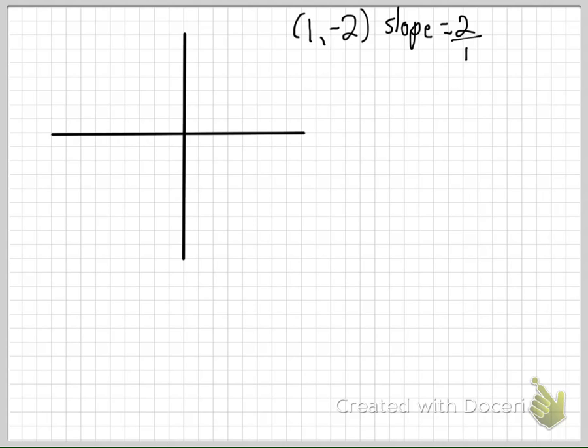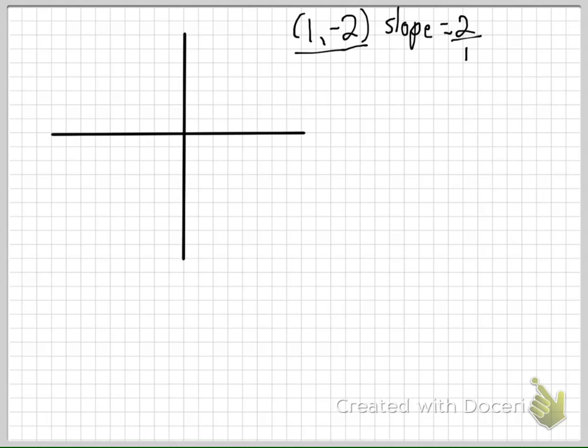If I said directions to my house are, you take a right and then you go 3 blocks and then you take a left and then you go 2 more blocks, well, you would kind of need to know where you were starting from. The directions are different depending on where you're starting. So the point is where we begin. So the first thing we're going to do is graph that point.